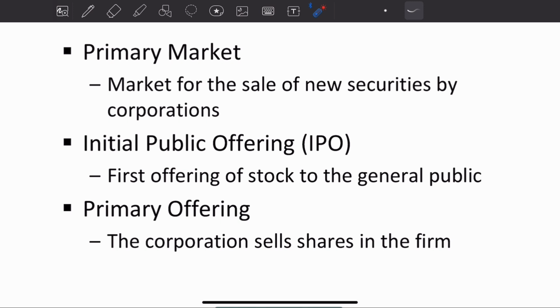They buy those shares in what's called a primary market, which is the market in which the sale of newly issued securities is carried out. Okay.